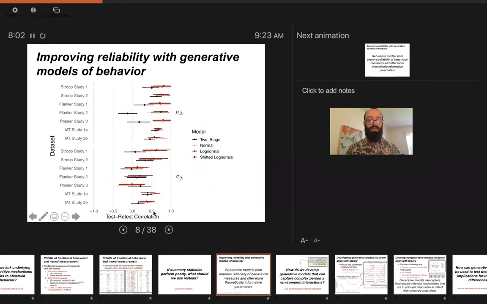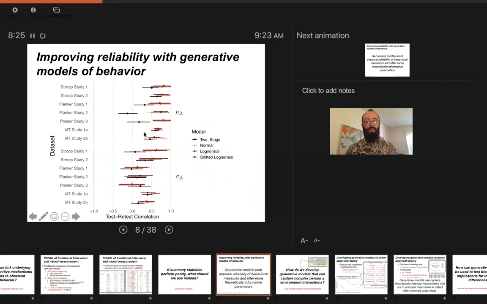So here on the x-axis, we have the test-retest correlation, which should be somewhere between 0 and 1. And then here we have the mu parameter at the top for each of the studies, and then the different colors are the different models. And so what I want to bring attention to first is if we focus on this top panel, the two-stage approach represented by the correlations here and the dots and then the uncertainty intervals in the bars.